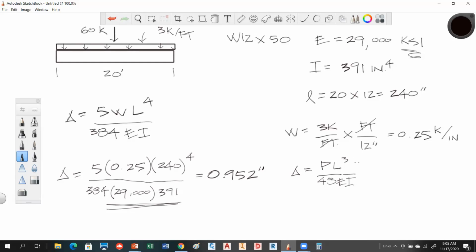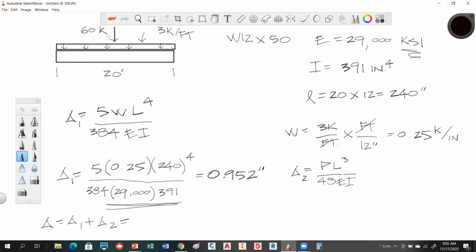So what we can do is use a process called superposition, which basically allows you to calculate the deflection here. We can call this deflection 1, and we can calculate deflection 2, and your total deflection then becomes the sum of those two guys.